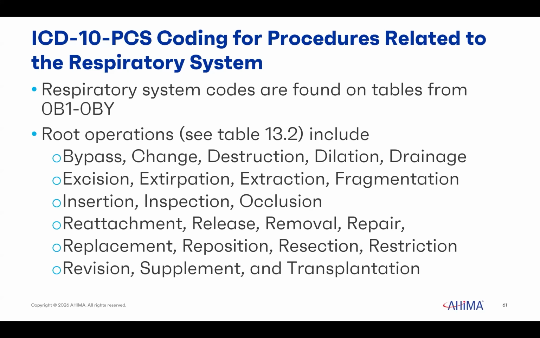Some of the more common ones are described also in your text on table 13.2. And these include bypass, change, destruction, dilation, drainage, and all the other ones that you see listed here.